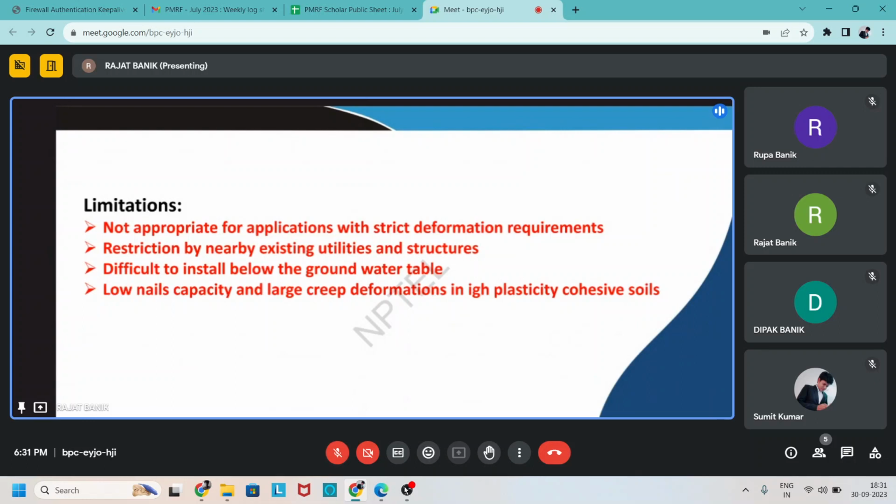And then, low nail capacity and large creep deformation in high plastic cohesive soil. As we already discussed, if the ground condition is very deformable in nature, or there is a possibility of large creep deformation over a longer period, then this method is not suitable.